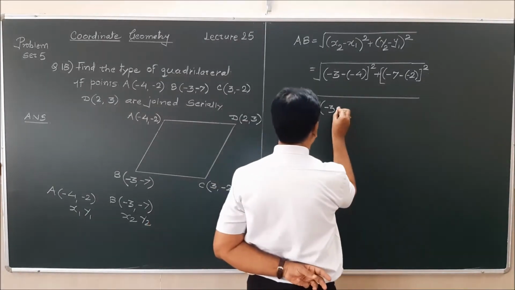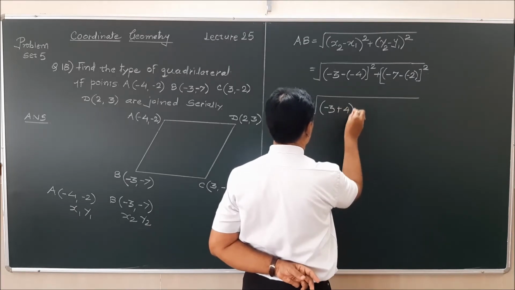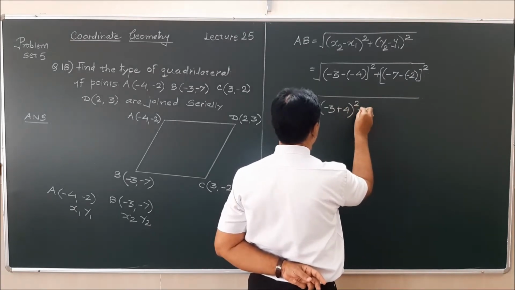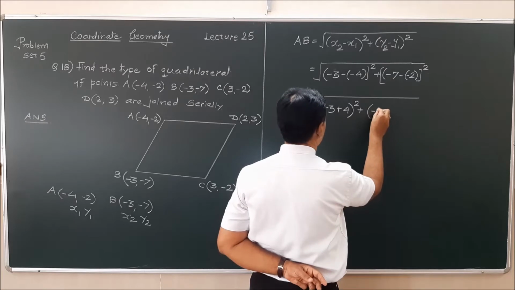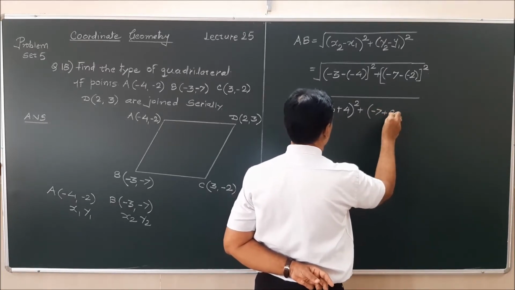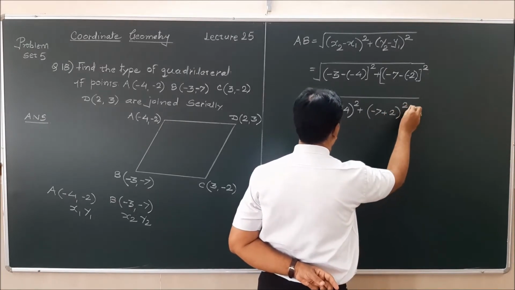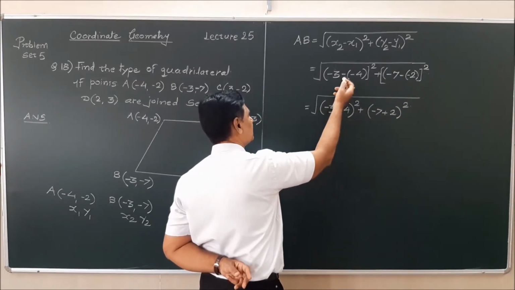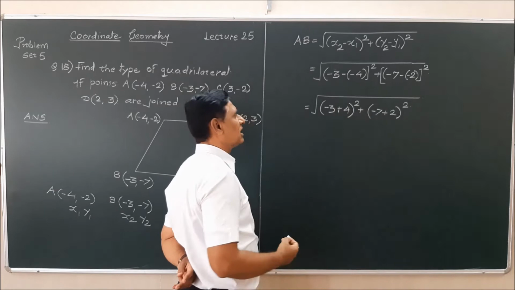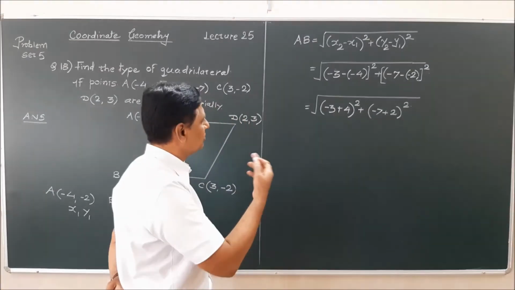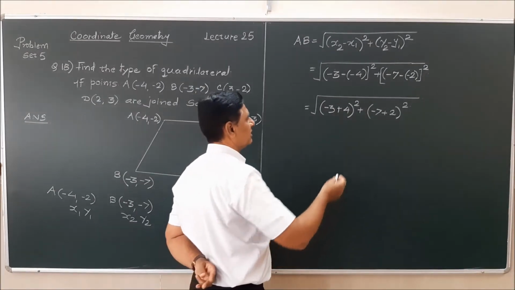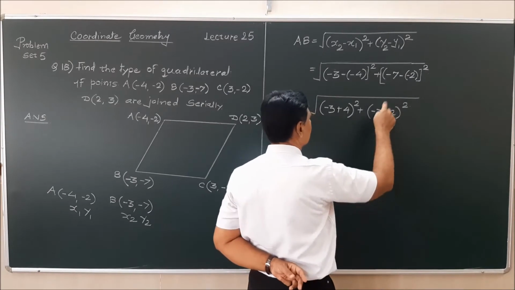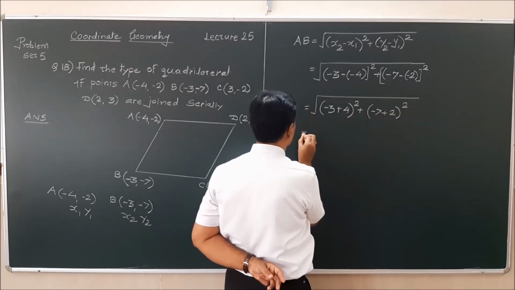So minus 3 plus 4 whole square plus minus 7 plus 2 the whole square. Try to understand here. Minus 3 as it is, minus into minus is plus, plus 4 the whole square, plus minus 7 plus 2 the whole square.